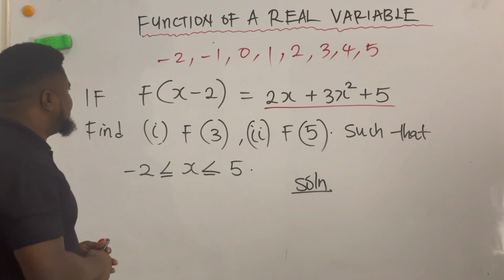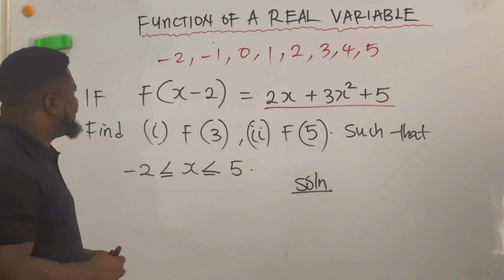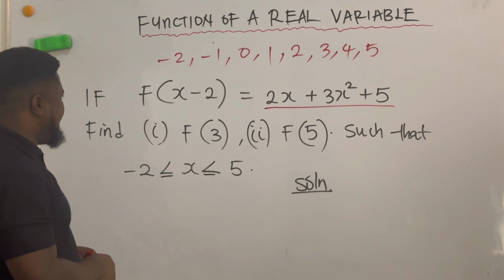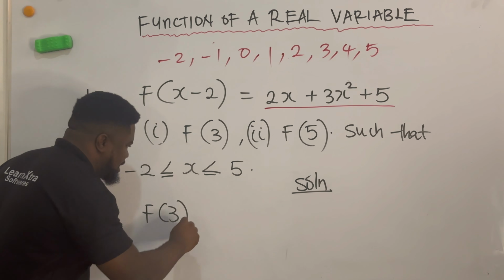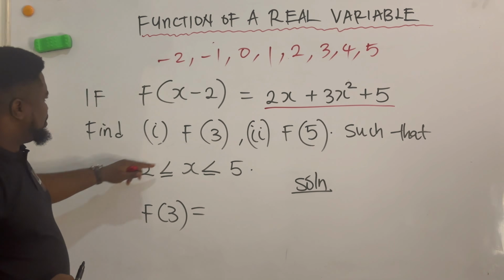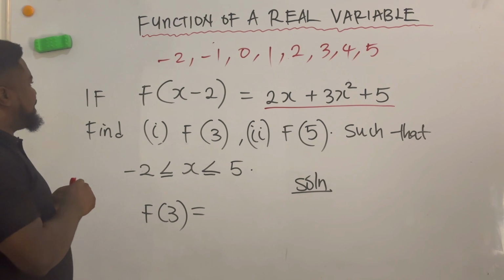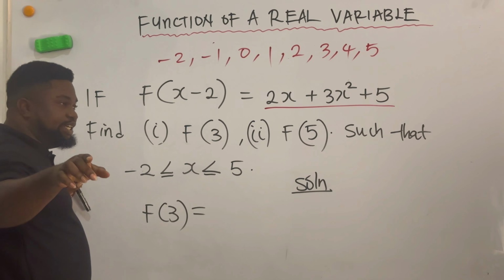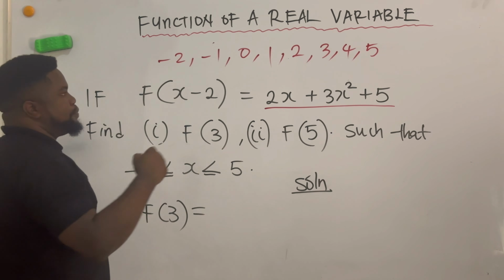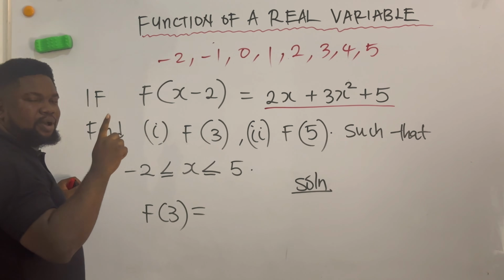So that will be f of 3, the first question, question 1. f of 3 is going to be, I know you know it. Do I go ahead and put x as 3? No, I won't.